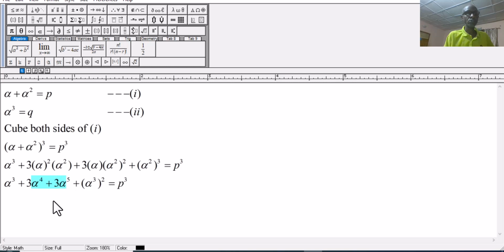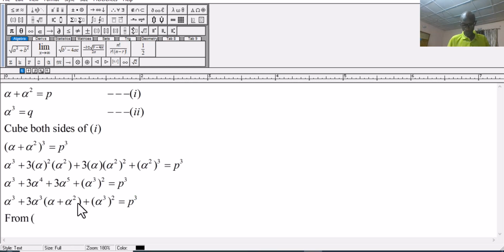So I'm factorizing alpha cubed out: alpha cubed plus 3 alpha cubed times (alpha plus alpha squared), since alpha cubed times alpha gives alpha to the power 4 and alpha cubed times alpha squared gives alpha to the power 5. Then alpha to the power 6 is alpha cubed all squared, equal to p cubed.